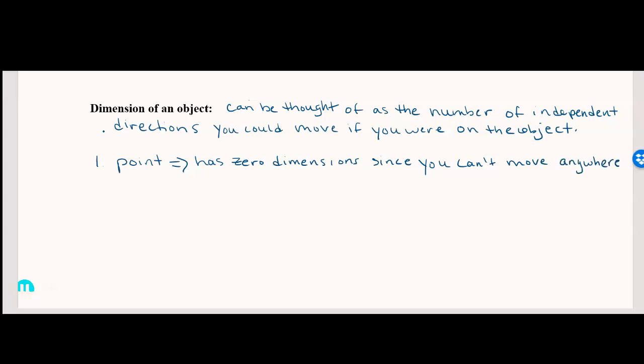So think about it, right? You have a point. That's it. You are on that point. You're not moving in any direction, so you would have 0 dimension.